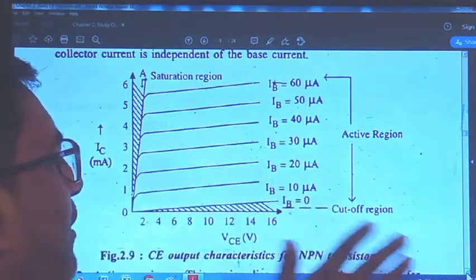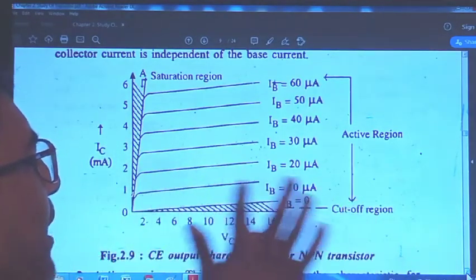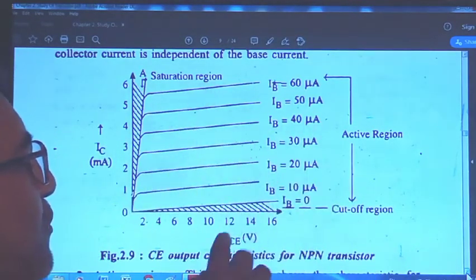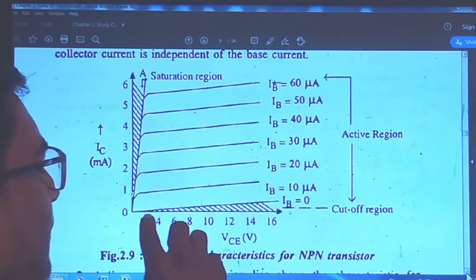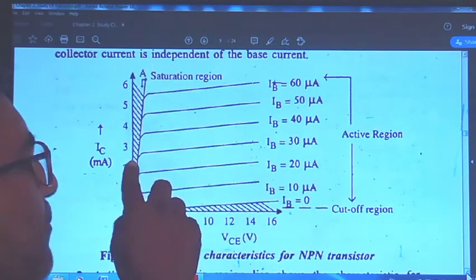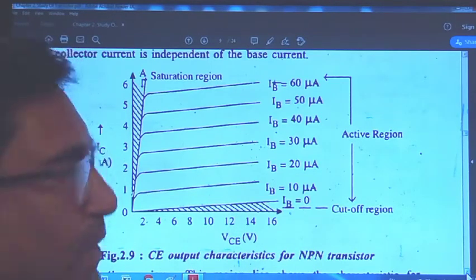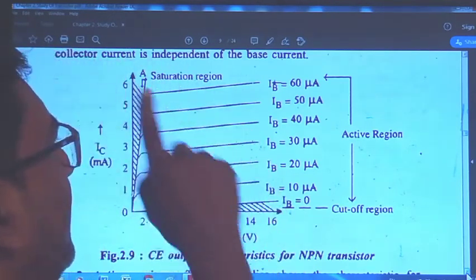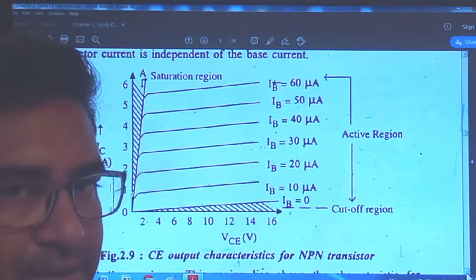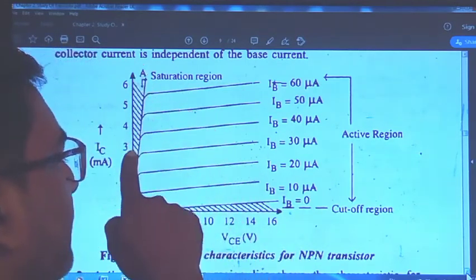Whatever we are going to mark, we will plot the graph likewise. So when it is in saturation, both the junctions are in forward bias, and the collector current is independent of the base current at this particular position.